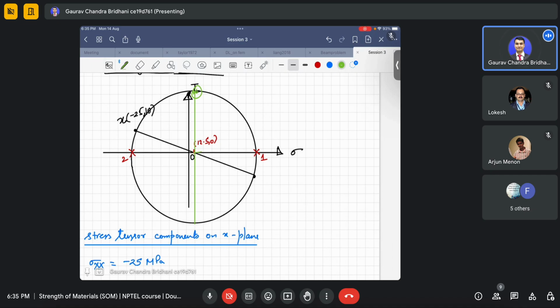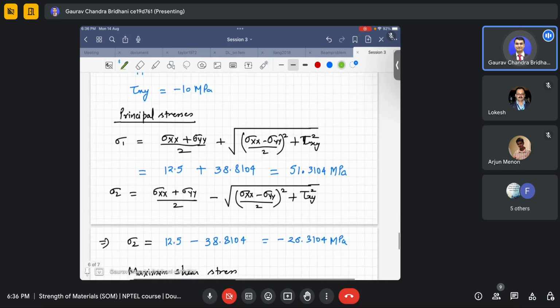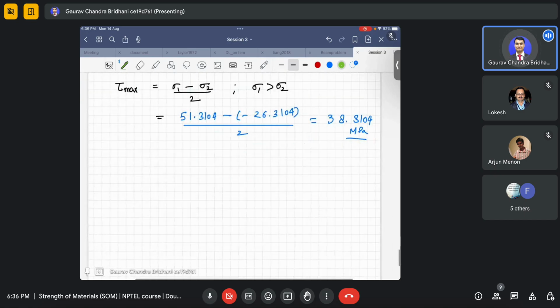Basically this quantity will be tau max, this quantity will be tau max. Okay, so this is that.